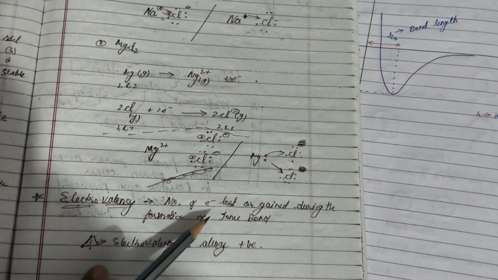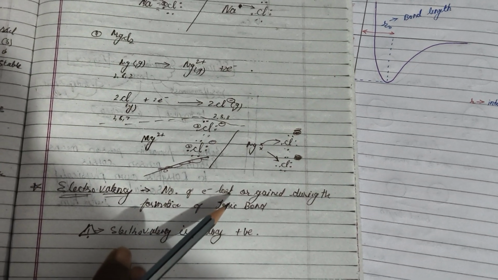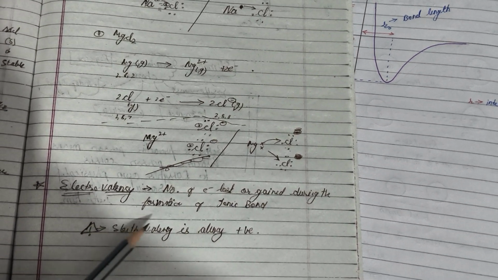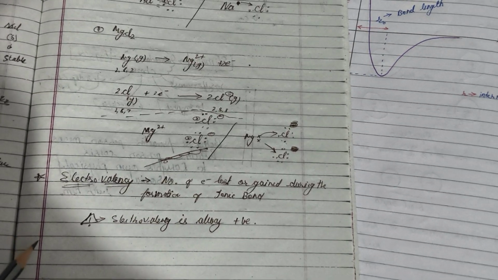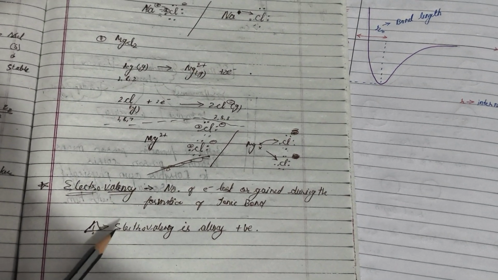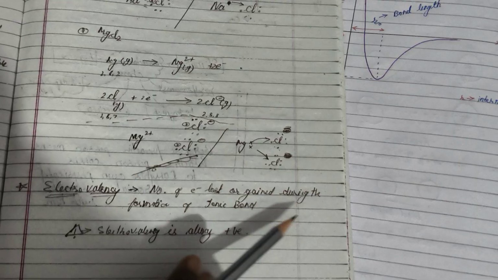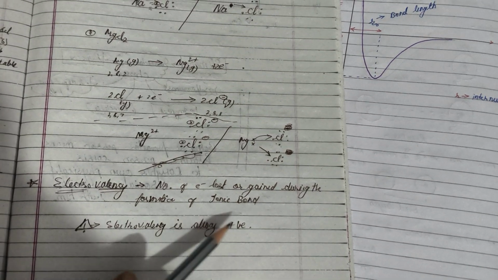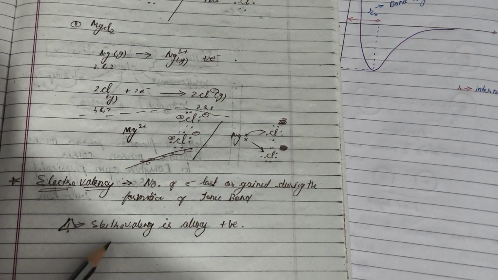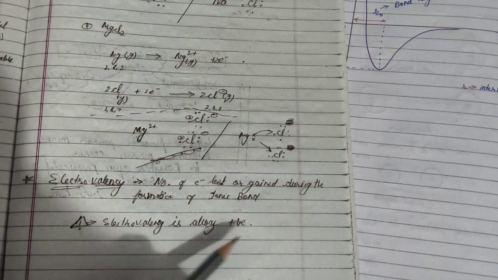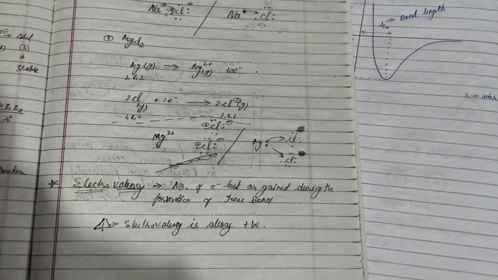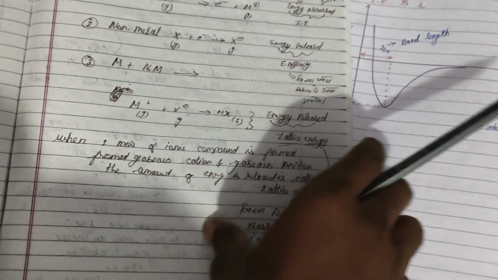The number of electrons lost or gained during the formation of an ionic bond is called electrovalency. Electrovalency is always positive.